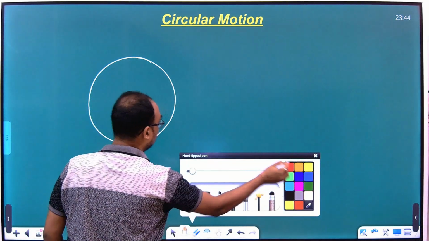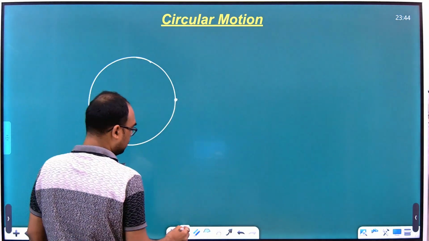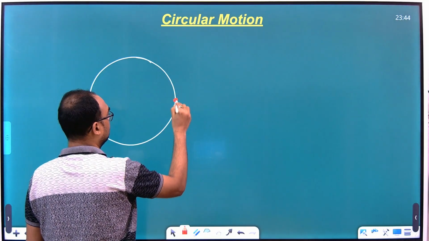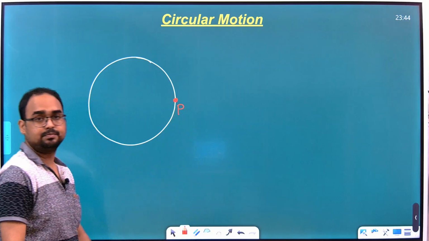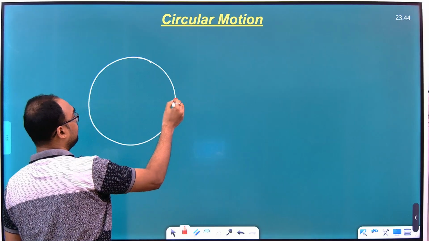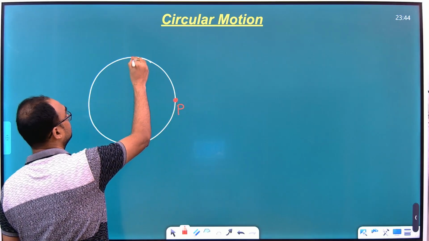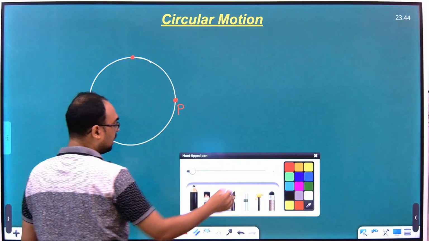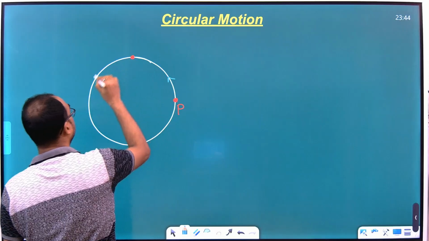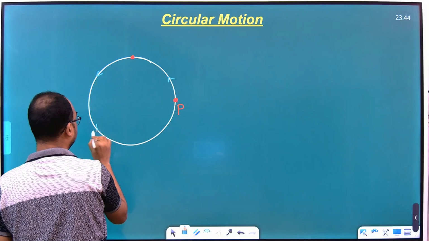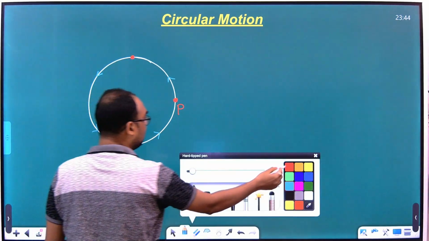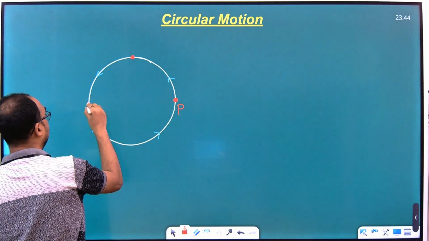Let's assume the particle P to be initially at that point. Let's assume the rotational motion to be in this direction. So the particle will change its position like this.